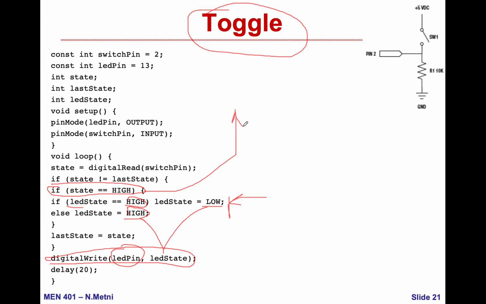Okay? So this is the first sketch that you see. I understand maybe you will not directly get the idea, but from experience you will see that this is a very simple sketch.